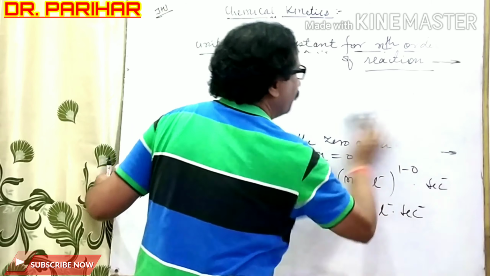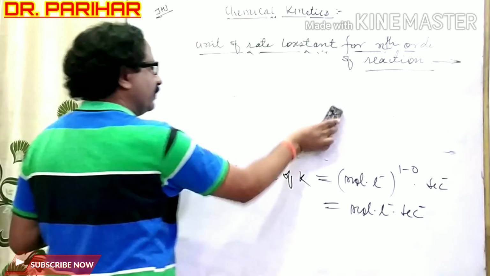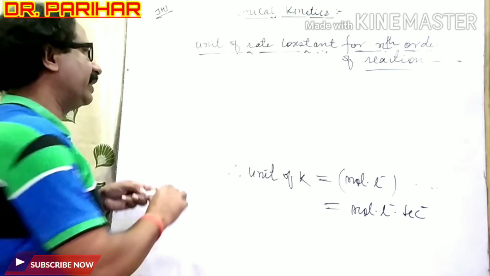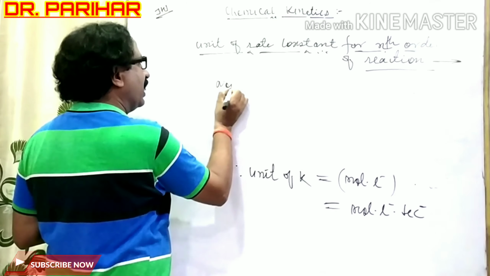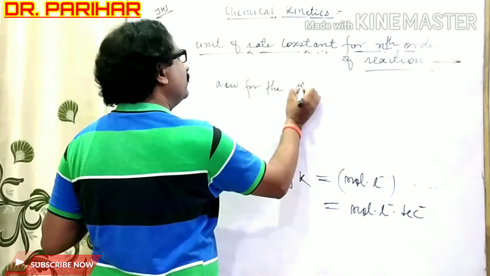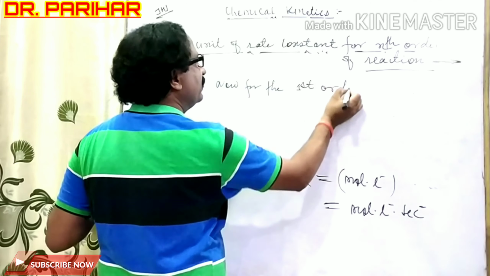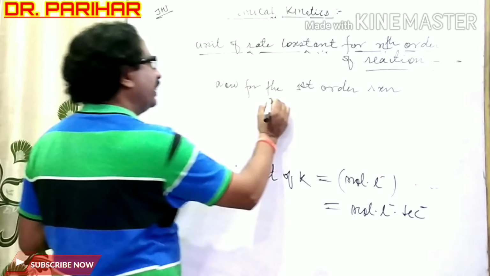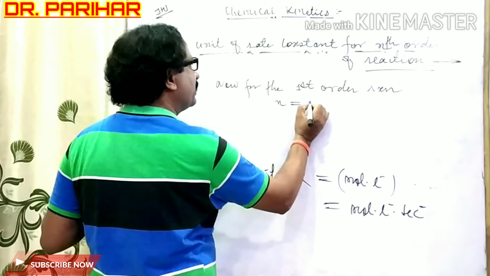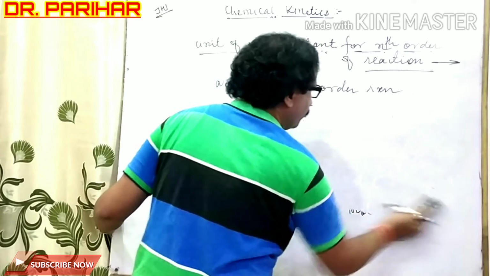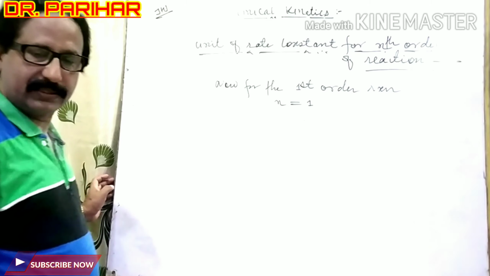Okay? By the same way, for first order reaction, n must be 1. The value of n must be 1.